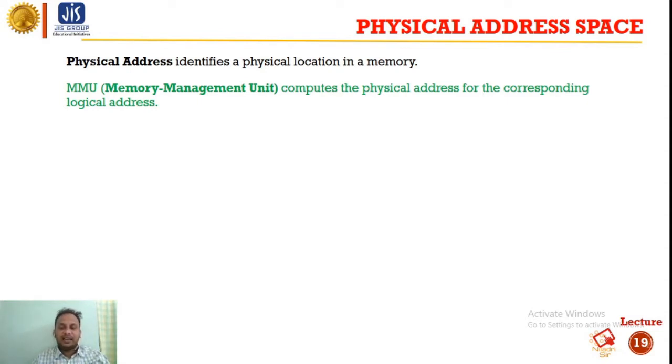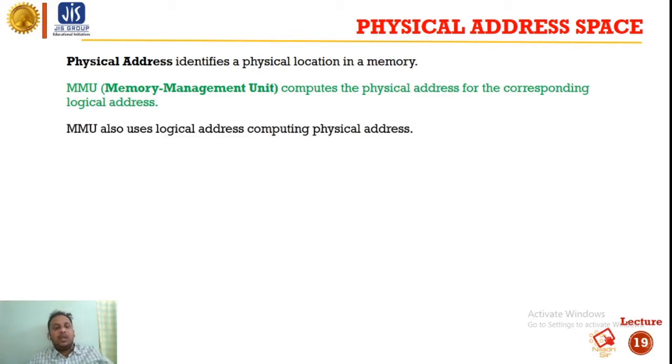Virtual and physical addresses differ in the execution time address binding scheme. The set of all logical addresses generated by a program is referred to as a logical address space, and the set of all physical addresses corresponding to these logical addresses is referred to as a physical address space.